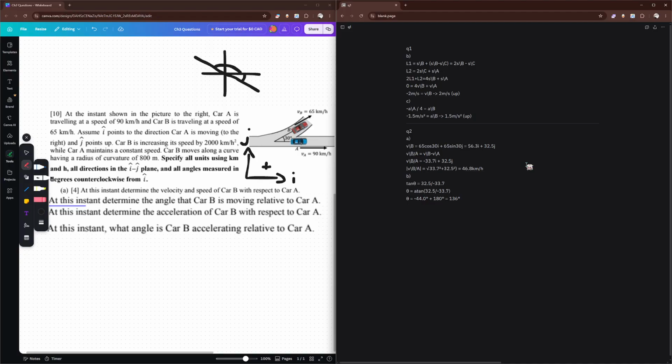Very nice. Part C, at this instant, determine the acceleration of car B with respect to A. So we'll be using the same things, right?